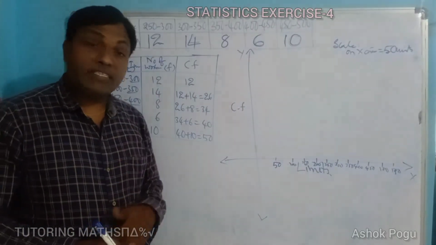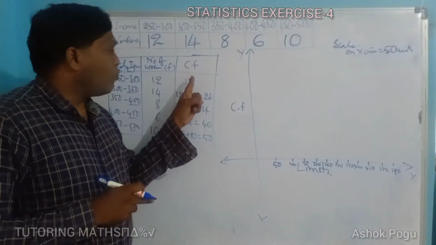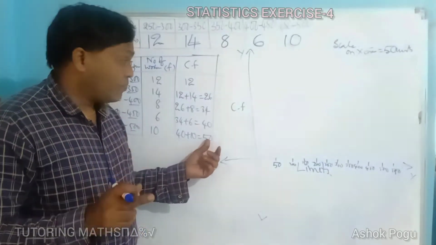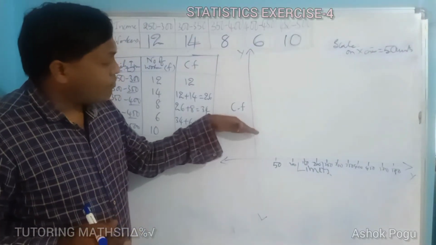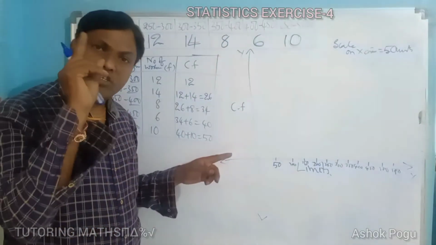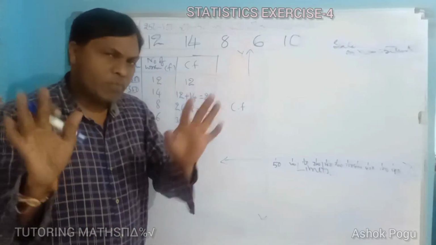Now coming to the y-axis, cumulative frequency should be taken. Check the cumulative frequency. What is the lowest value? 12. What is the highest value? 50. If you take 1 centimeter as 1 unit, you require 50 lines. It is not possible at all.